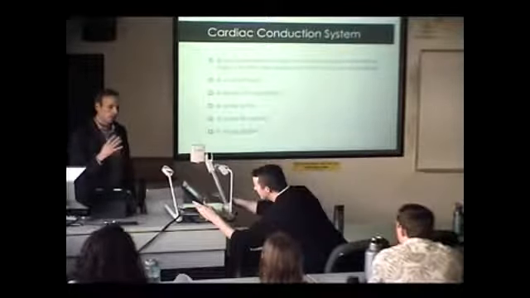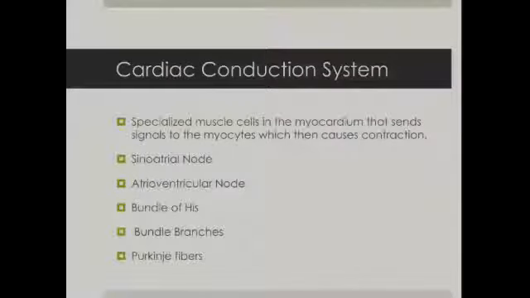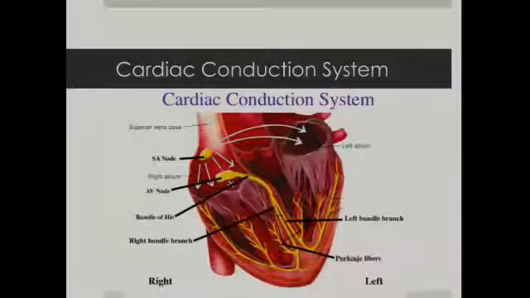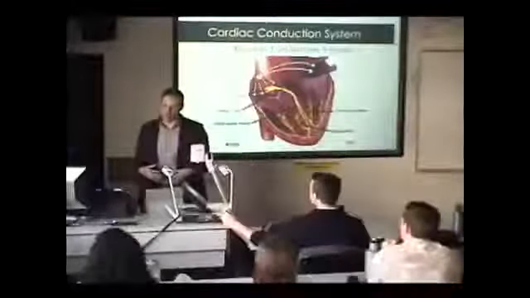So you all know that the cardiac cells have specialized cells that contribute to the electrical conduction. You have the sinoatrial cells, the AV nodal cells, and the bundle of His and Purkinje fibers with the bundle branches. Here's a picture of the conduction system. The sinoatrial cells are the natural pacemaker cells, somewhere between 50 and 100, depending on who you are.